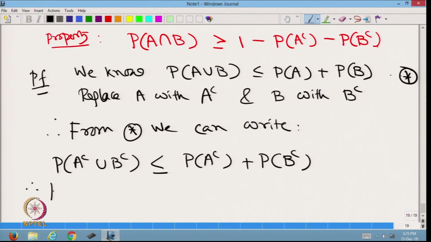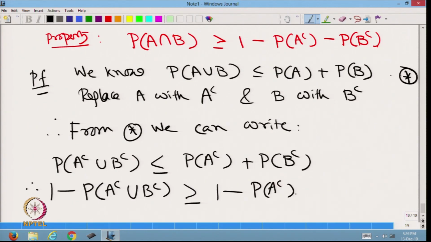Therefore, 1 minus probability of A complement union B complement is greater than or equal to 1 minus probability of A complement minus probability of B complement.